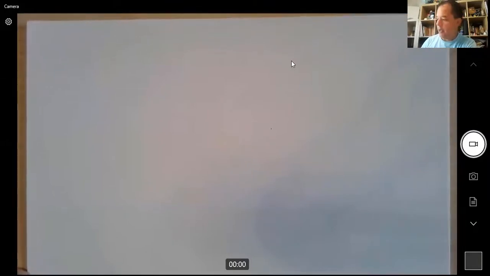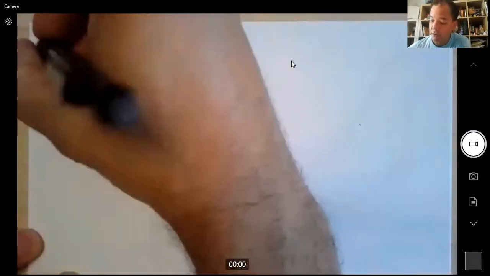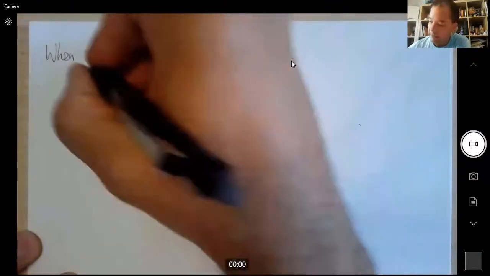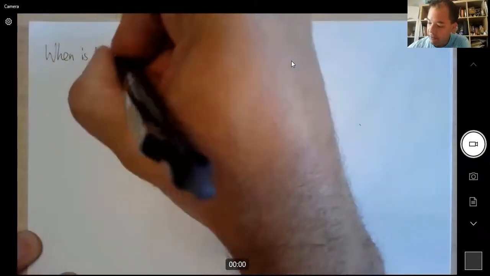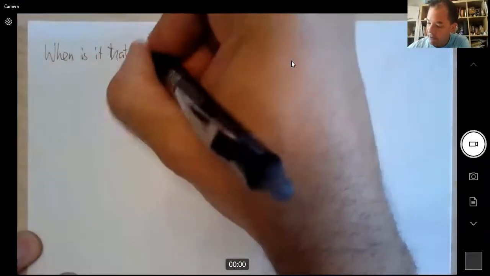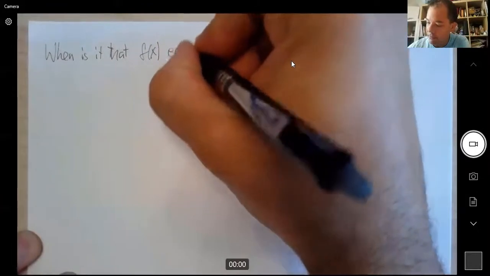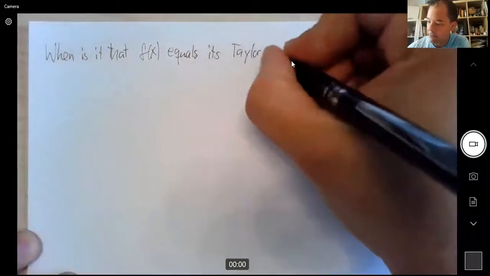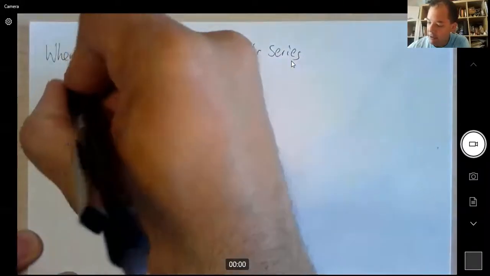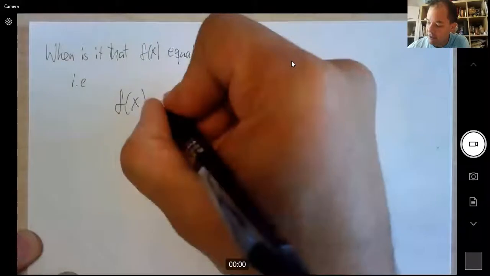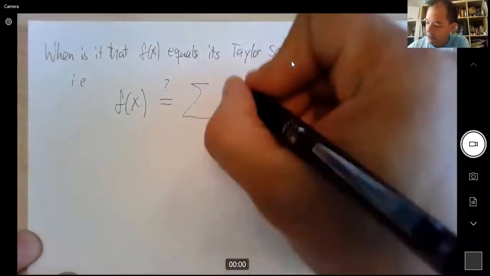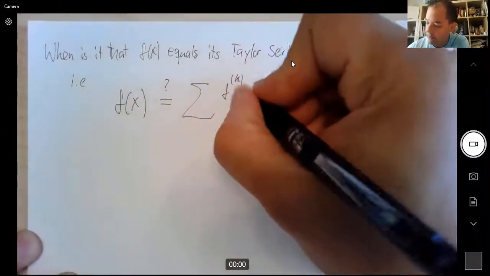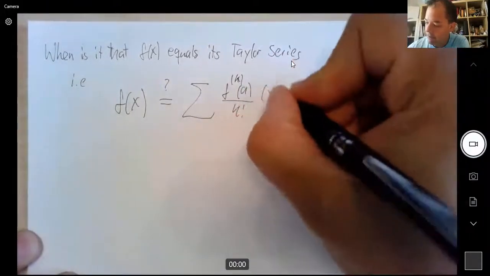We were talking about last time, when a Taylor series represents the function. So when is it that f of x equals its power series, or its Taylor series? I.e., is f of x equal or not to the Taylor series centered at a?